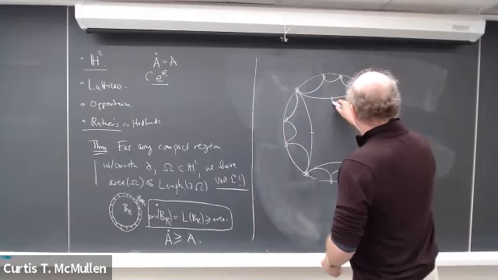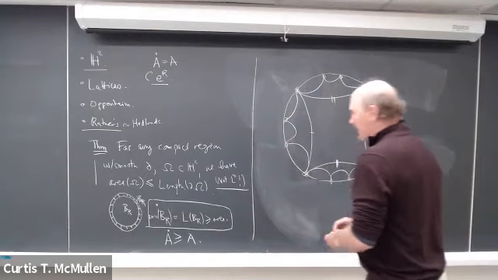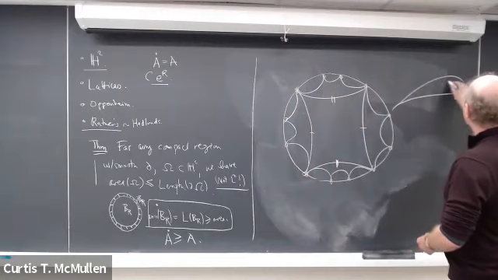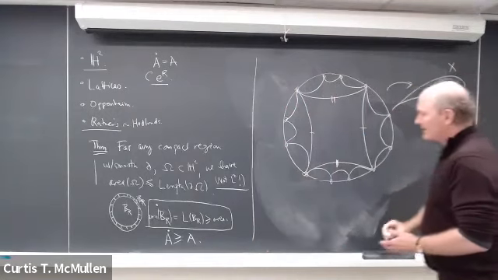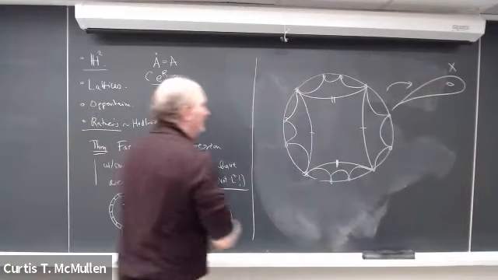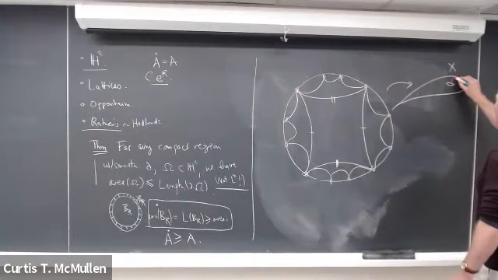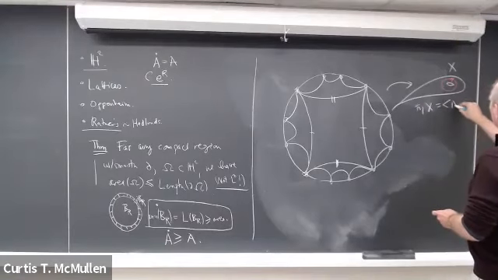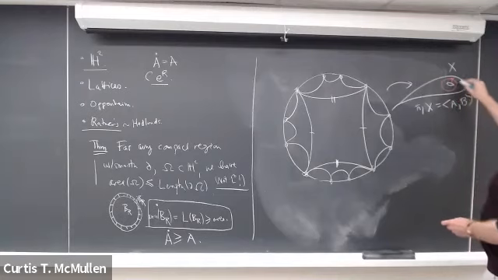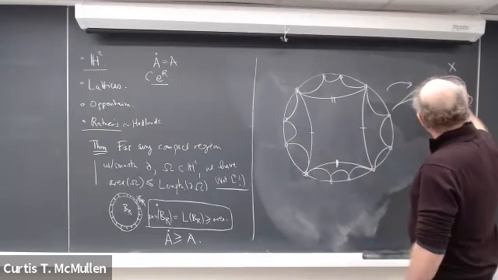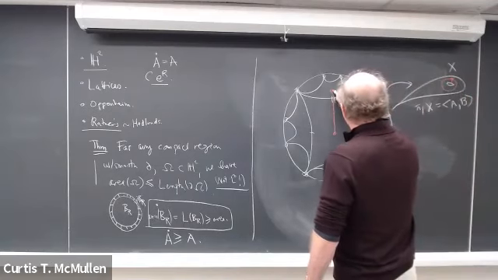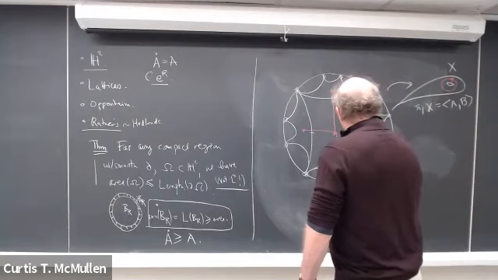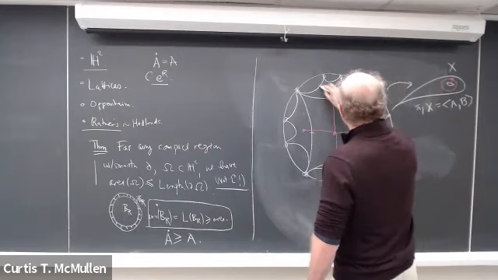And if you identify opposite sides, then you get, as a quotient hyperbolic surface, a torus. And on this torus, we can draw a spine for the fundamental group. And what is the fundamental group? It's the free group on two generators. I've drawn two loops representing the two generators of the fundamental group. And the edges that I've drawn have bounded length. So when I take the pre-image of these two loops up here, I get an embedding of the Cayley graph into hyperbolic space.